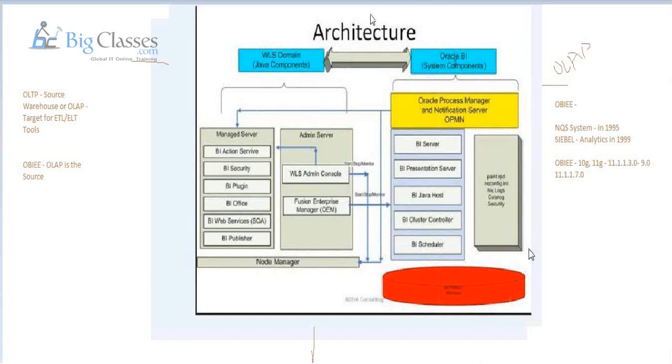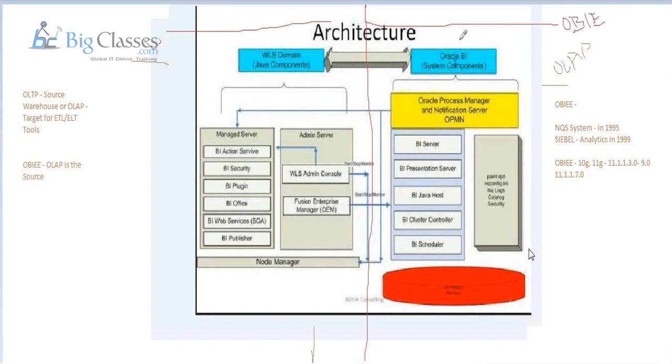See here, I'm dividing this entire architecture into two groups. One is the WebLogic domain. The second is the Oracle BI system components. These are related purely to OBIEE, and those are purely related to WebLogic.